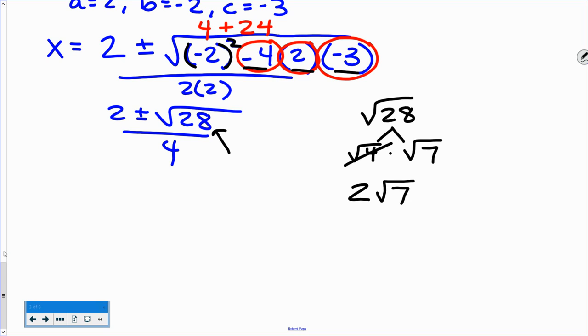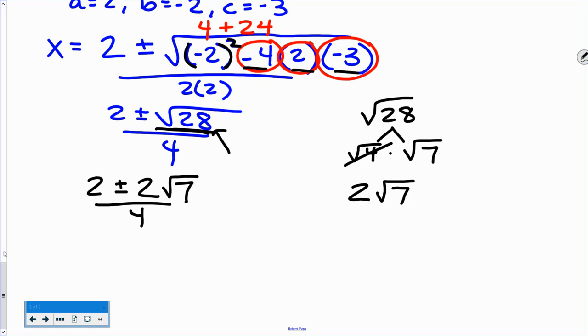I cannot take the square root of 7 without getting something messy. So then I would leave 2 square roots of 7. So instead of my square root of 28, I'm going to write 2 plus or minus 2 square roots of 7 over 4. Okay, so now it's almost all the way simplified.